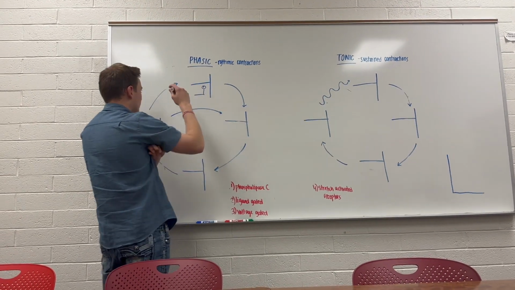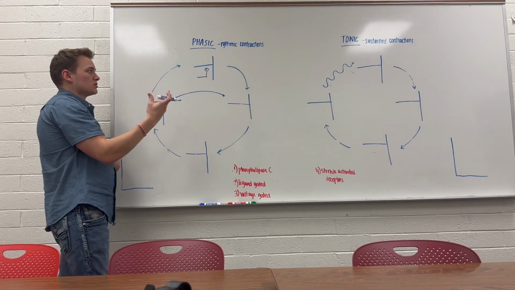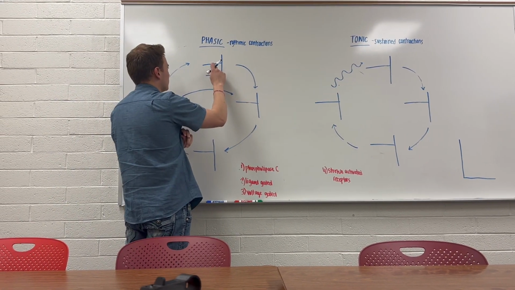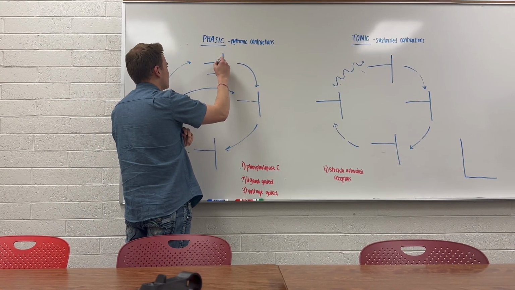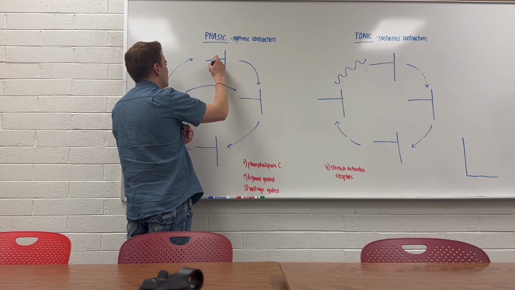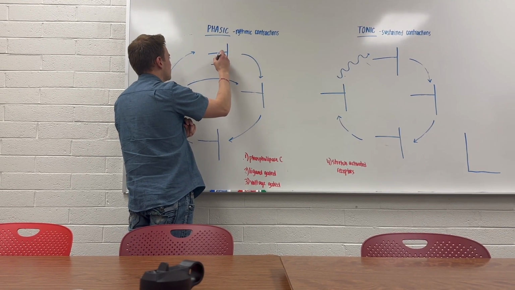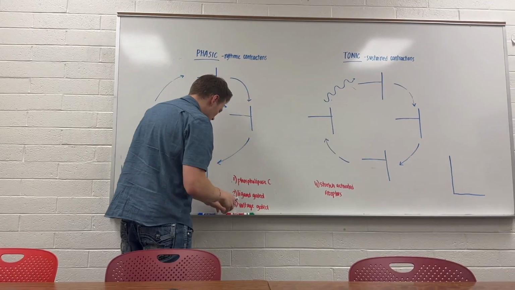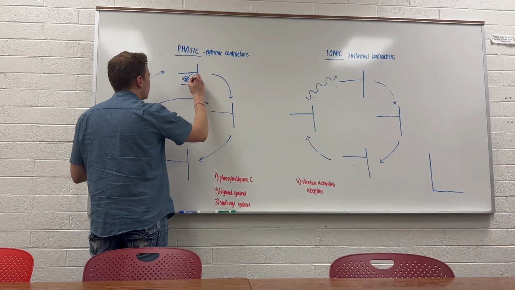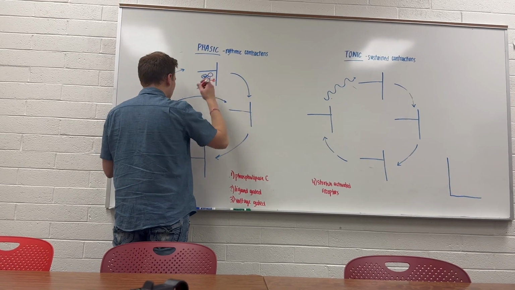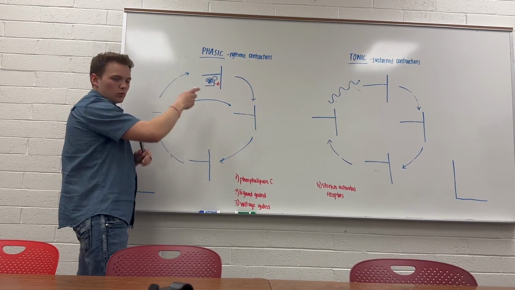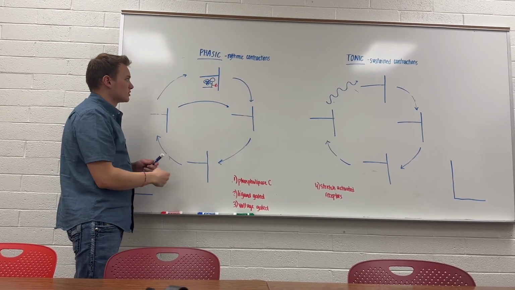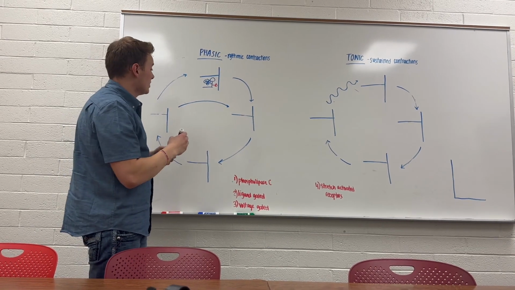So the main difference between skeletal muscles and smooth muscles is, this is our myosin head, and we're going to have ADP and our traditional phosphorus as well, but we are going to have an additional phosphorus from MLCK, and we'll show that coming in later, MLCK phosphorylating the light chain.